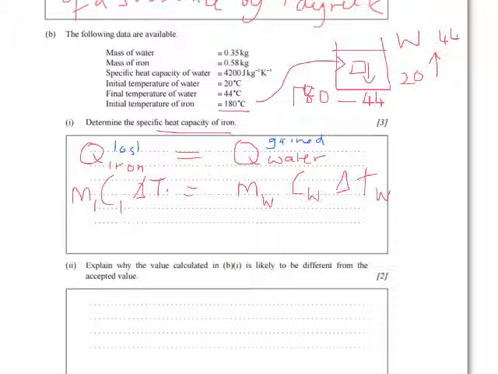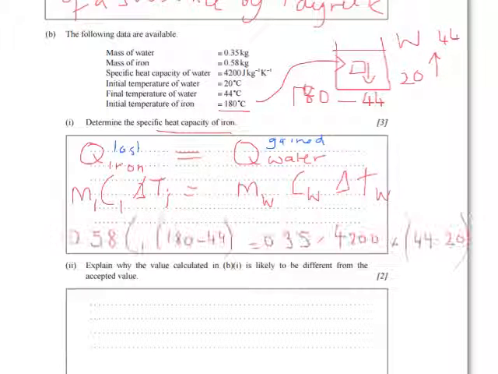So what I'm going to do is put all the numbers in. And here they are. So we have the mass of the iron, 0.58, the specific heat capacity we need to find, and the change of temperature of the iron in the water, which goes from 180 degrees all the way to 44. All of this energy ends up inside the water, okay? And that mass is 0.35 times 4,200 times the difference in temperature of the water that goes from 44 to 20, okay?